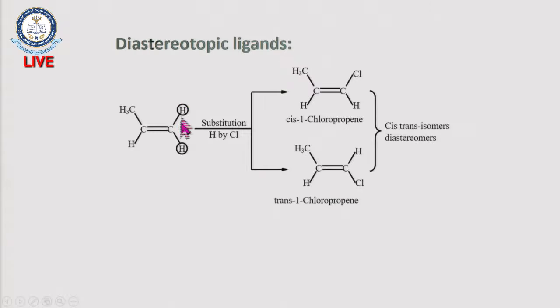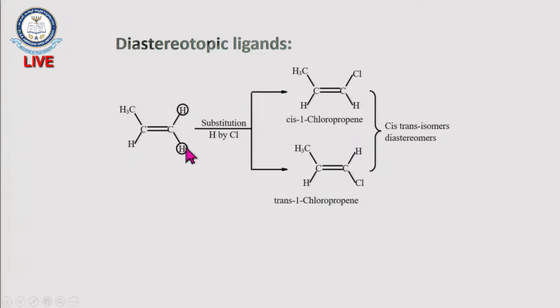Here in the diastereotopic ligands, when you substitute chlorine into this olefinic compound, for example on the C1 carbon, when this hydrogen is replaced with chlorine, we get 1-chloropropene, and the configuration is cis.